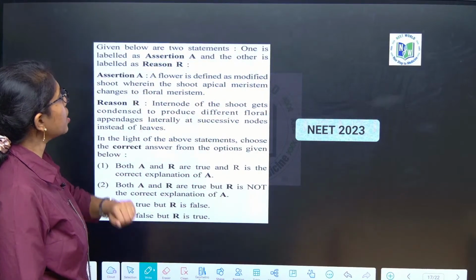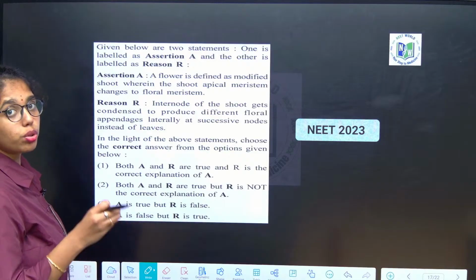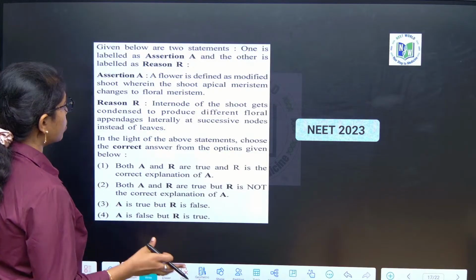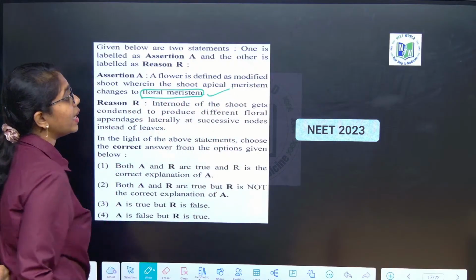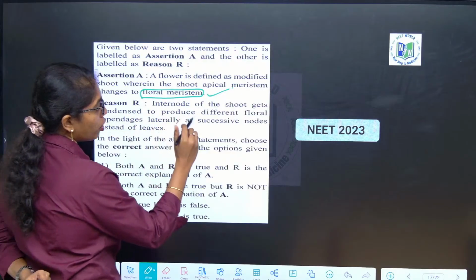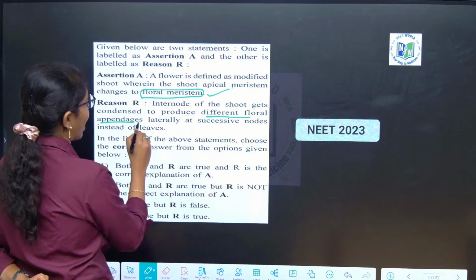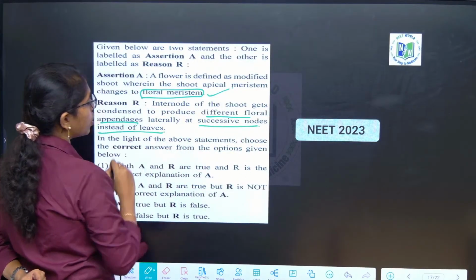First, assertion: a flower is defined as modified shoot, wherein shoot apical meristem changes to floral meristem. Assertion is true. Reason: internode of the shoot will get condensed to produce different floral appendages laterally at successive nodes instead of leaves.